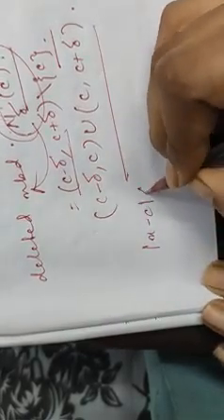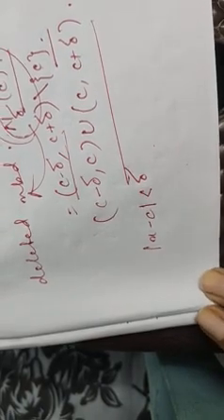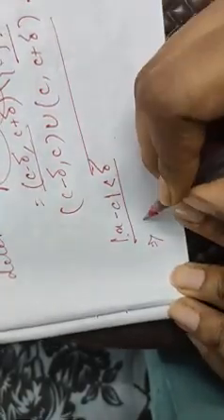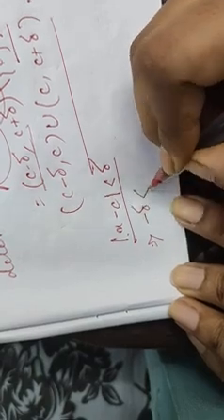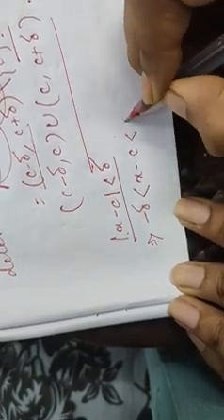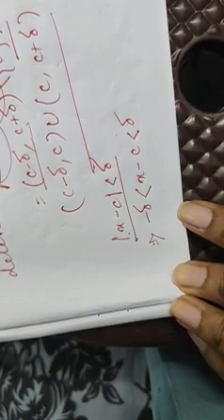And generally we also denote this neighborhood by this: modulus of x minus c less than delta. This also denotes the same thing, the neighborhood. And if we break it, what will we get? We will get minus delta less than x minus c less than delta because of this mod.